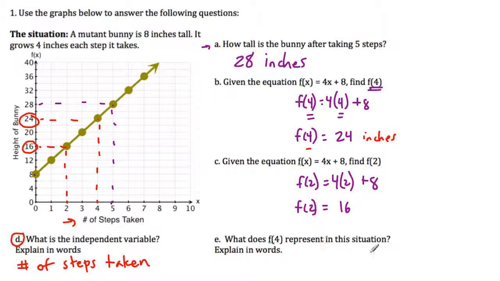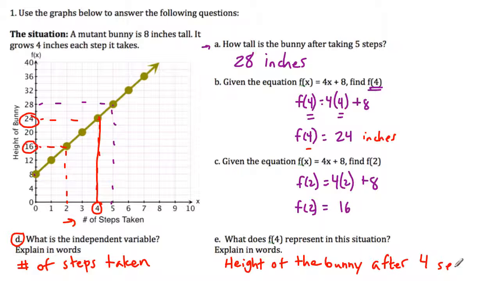And what does f of 4 represent in this situation? It is the height of the bunny after 4 steps.